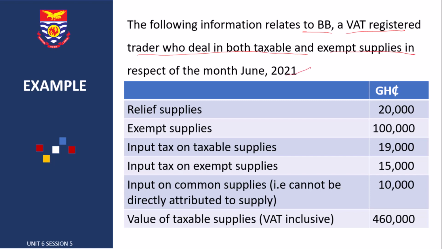So we have relief supplies 20,000, exempt supplies 100,000, input tax on taxable supplies 19,000, input tax on exempt supplies 15,000, input tax on common supplies, that is, cannot be directly attributed to a supply, 10,000, and value of taxable supplies, VAT inclusive, 460,000.